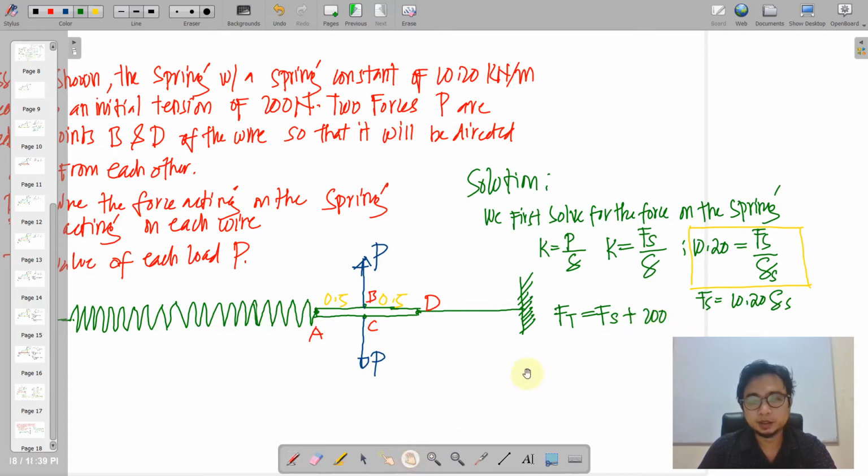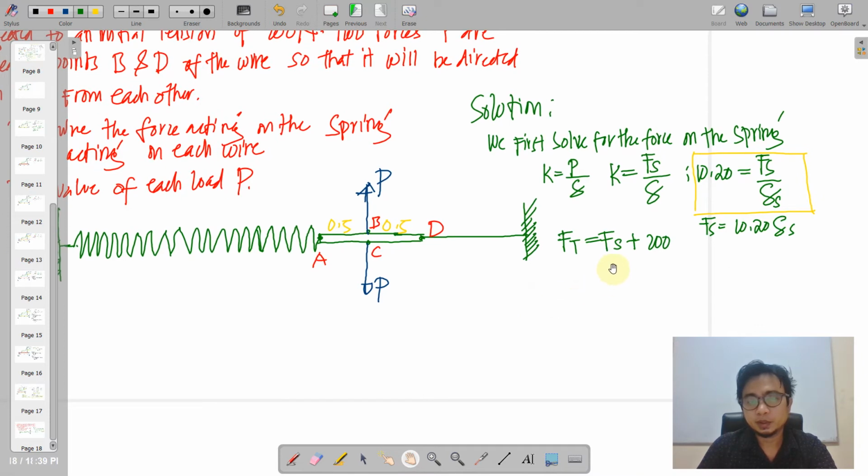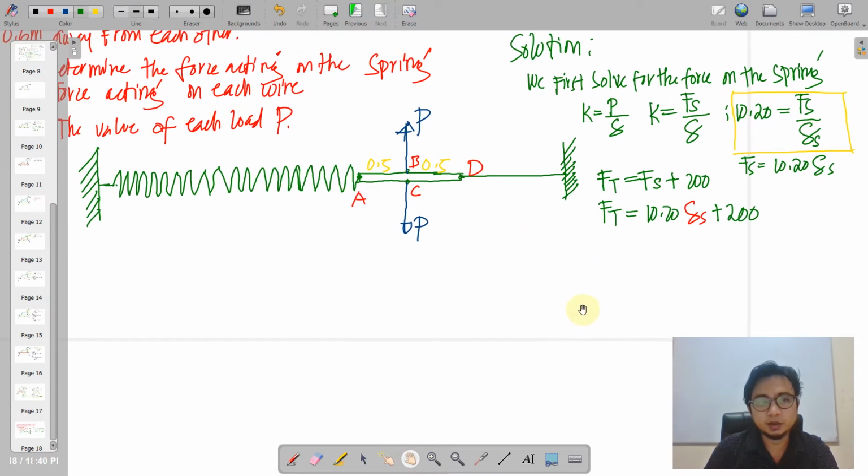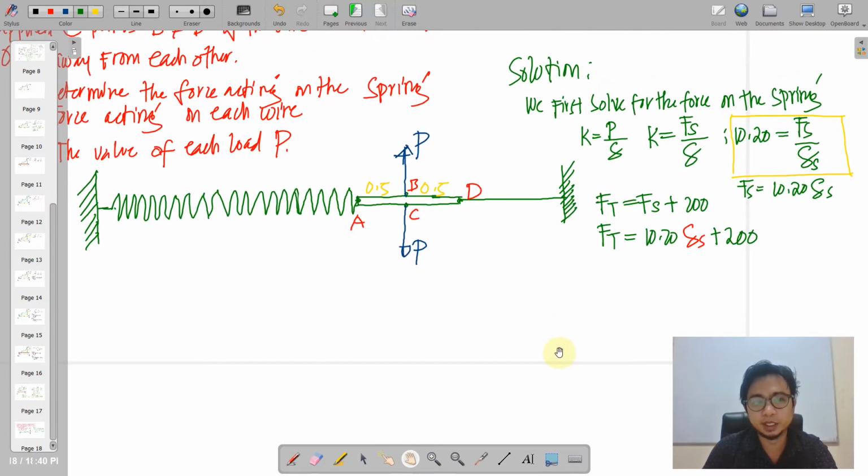So next, if we are going to expand this, of course, we really need to determine delta S here, because it is the key in determining the total force on the spring. And why do we need to determine the force in the spring? Because it is our basis really to calculate P here.